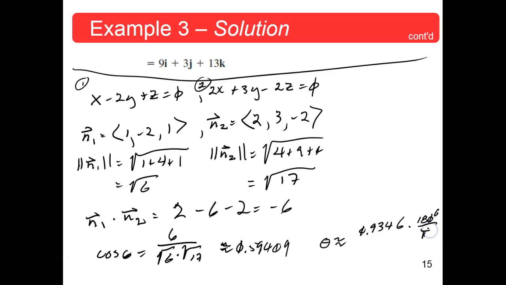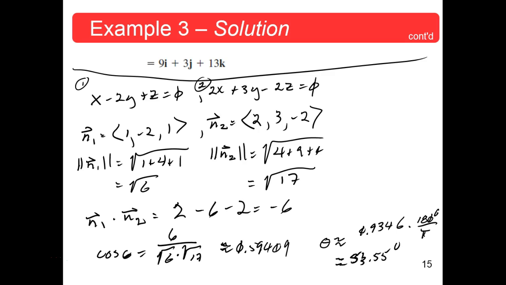So multiply that number by 180 and divide by pi. 53.54. That's, I think, exactly what the book got. They got 53.55, it rounds up to it. 53.55 degrees, yeah. So even on that one, you can come up with it fairly easily.